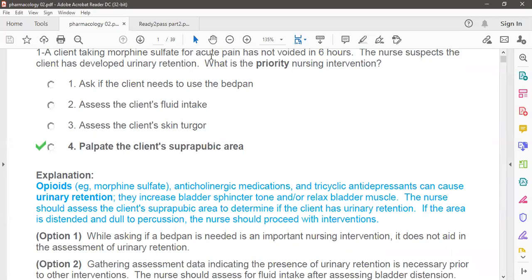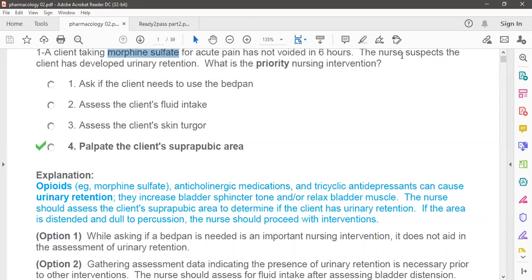Another name for morphine is the opioid group, or narcotic, right? So the medication is morphine sulfate for acute pain. Morphine is a type of opioid or narcotic.